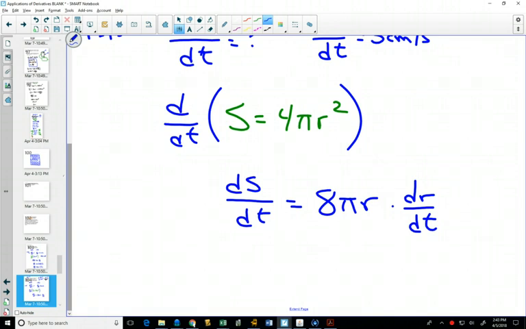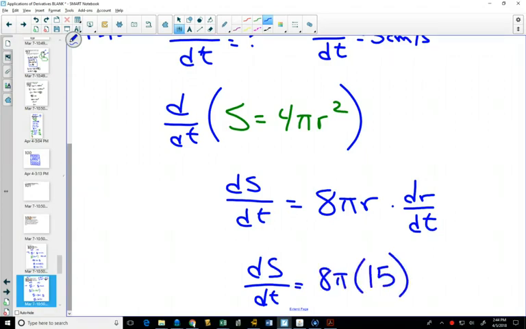So we want to find ds dt when, this is what we wanted to find, when the radius was 15, and we know that dr dt was 3 centimeters per second.